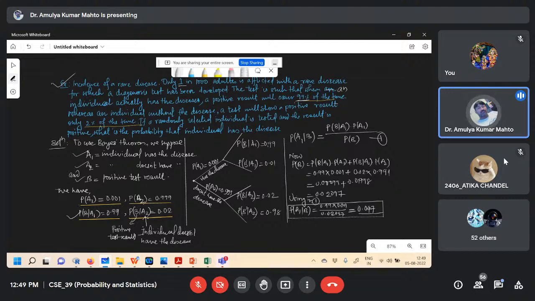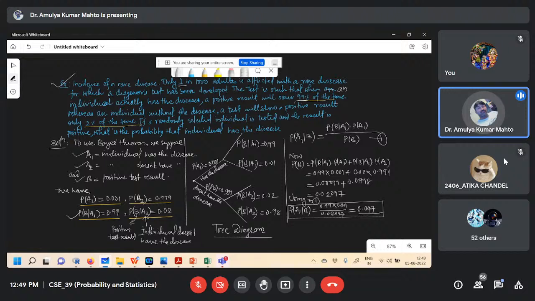Fine. We call it a tree diagram. This actually gives you a good pictorial representation of your problem. Got it?